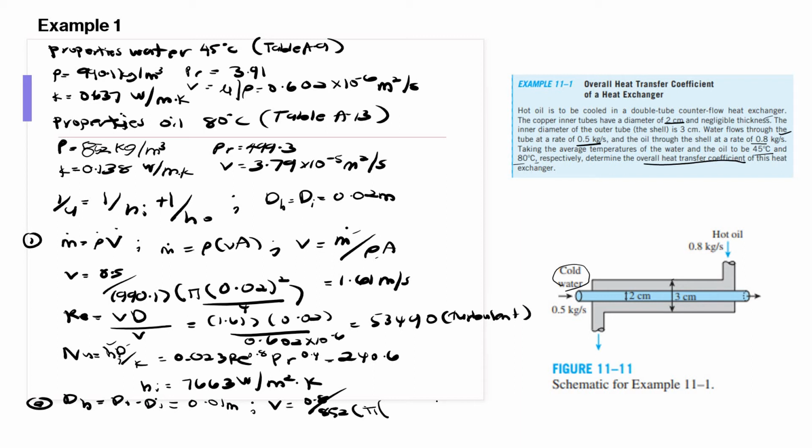So d naught is 0.03 squared minus 0.02 squared over 4. So the answer would be 2.39 meter per second.